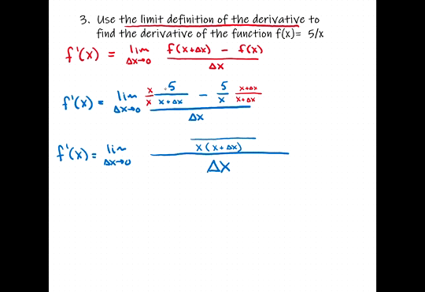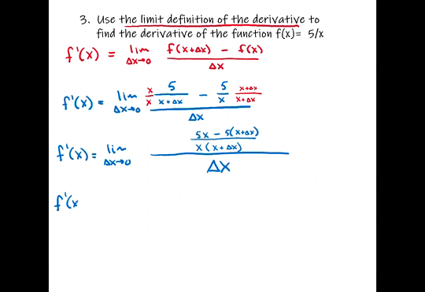It looks like we have a 5x minus 5 times x plus delta x. Okay, so we have a 5x and a minus 5x, so there's going to be some canceling there. So let's see what we got.